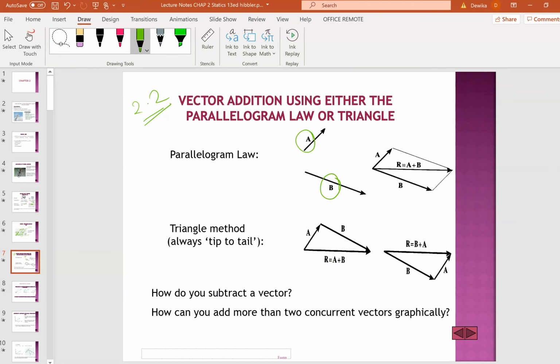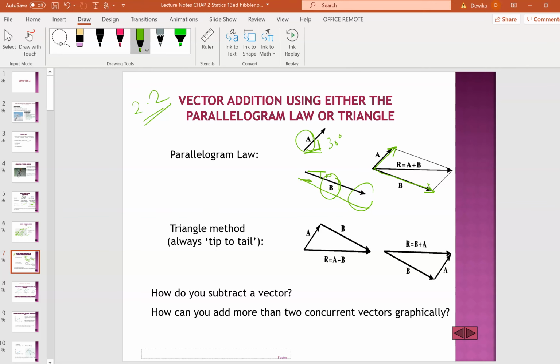You join them: you put A and then bring B closer. When you join them, you must remember to maintain the angle. Let's say this is 30 and this is 20; you must maintain the angle when you move them. You can move them anywhere you want, but you must maintain the length and the angle.